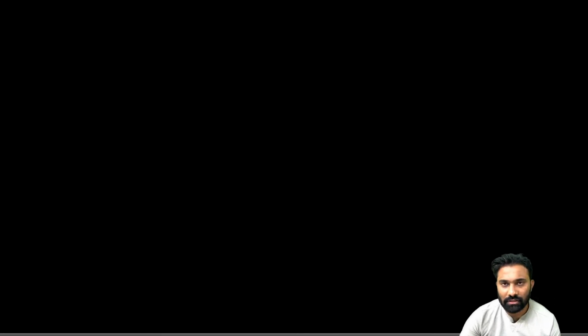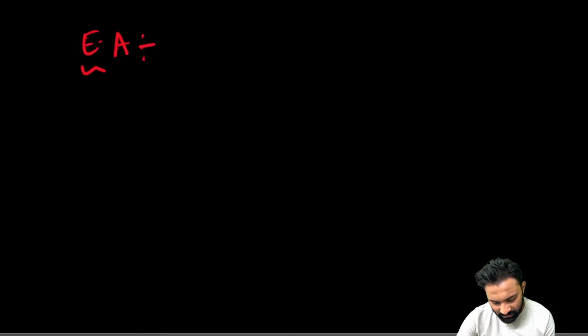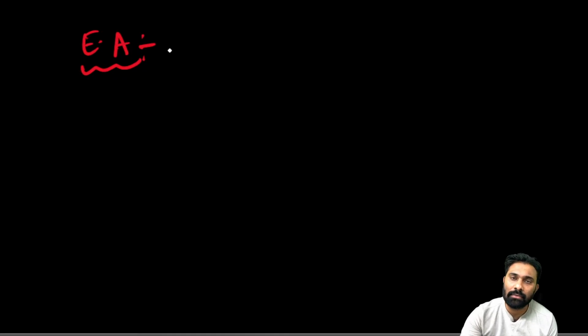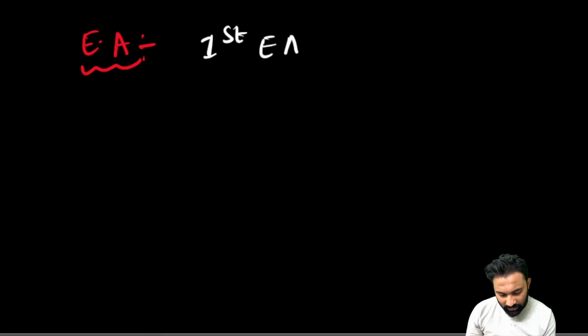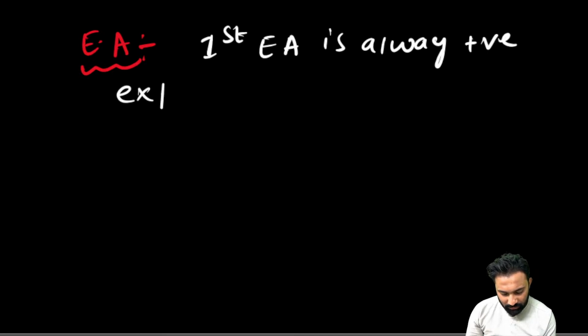Electron affinity, one thing you have to remember: electron affinity is nothing but the tendency to gain the electron, the minimum energy released when the electron is added to a neutral or isolated gaseous atom in its ground state. Here the first electron affinity is always negative except beryllium and nitrogen and neon.